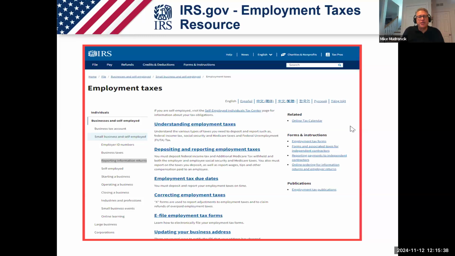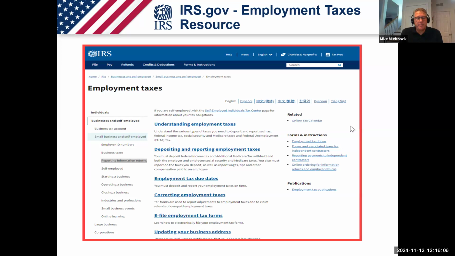So in addition to that publication, we have on irs.gov this screenshot of this site, which is a one-stop resource for employment taxes, federal employment taxes. As you can see, some of the links that are available: understanding employment taxes, depositing and reporting employment taxes.